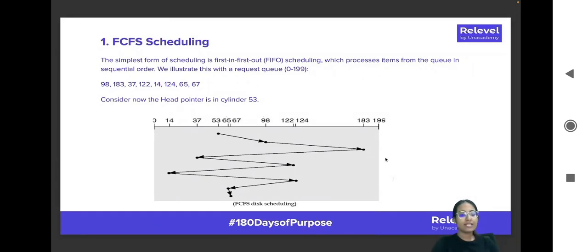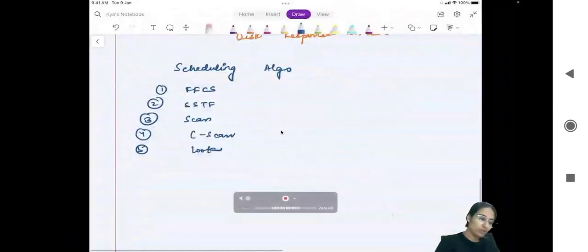Then it is 37, and it goes all the way to 37. Then it goes to 122, then back to 14, then to 124, then to 65 and then to 67. So based on how the requests are coming, we are processing them in this order.